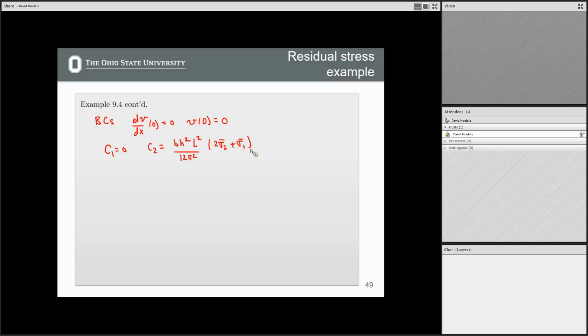All right, now putting everything together. Deflection, then, I can move the modulus of elasticity and inertia over to the right-hand side.